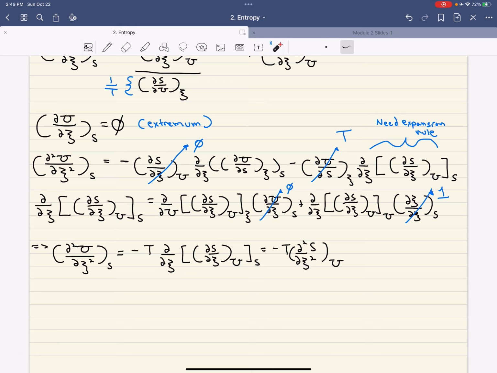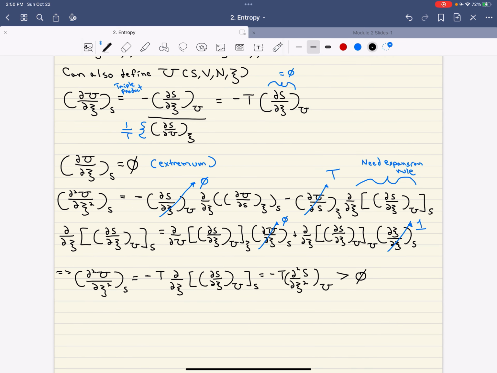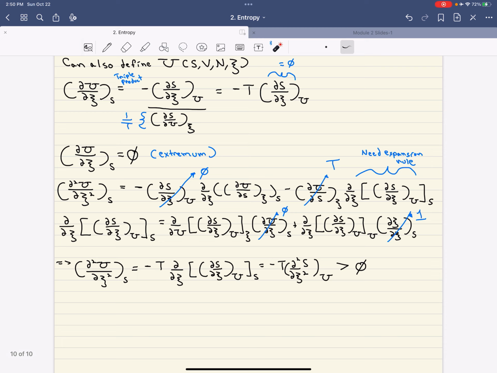Because we're multiplying this by a negative, this tells us this is greater than 0. And so we get that the second derivative of energy with respect to psi is greater than 0. So this tells us that the energy is at a minimum.